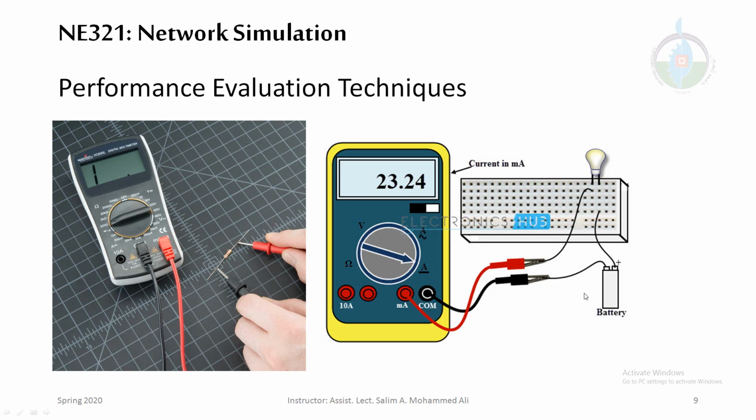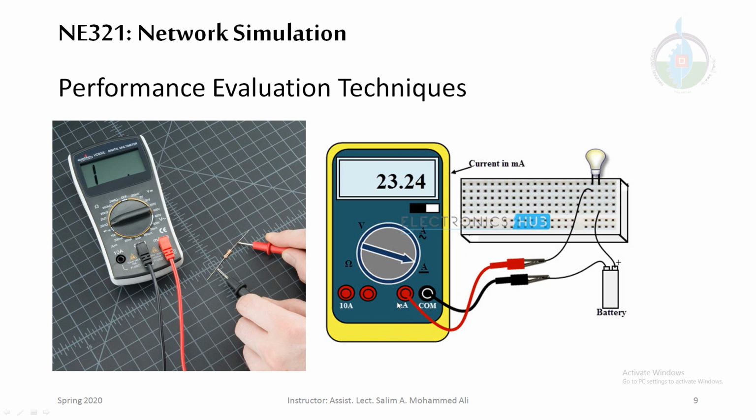Also, if you are going to measure the current in a load in a system, say this is a battery and this is a bulb, you have to put the multimeter or ammeter in series. Assuming the multimeter is ideal, you would need zero resistance here, so that the multimeter would not consume any current.